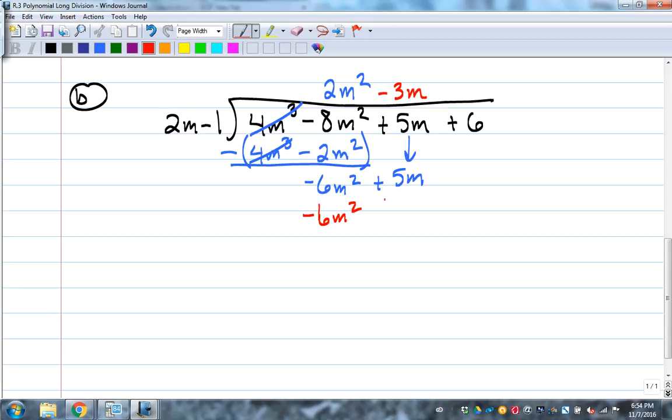Plus 3m, minus 3m. Plus, because it's negative, negative. And then parentheses, subtract. That cancels out. The m squareds are gone now. 5 minus 3. Bring down the plus 6.